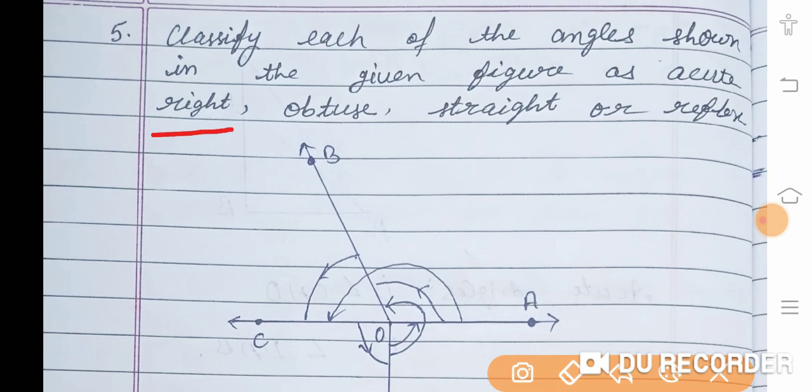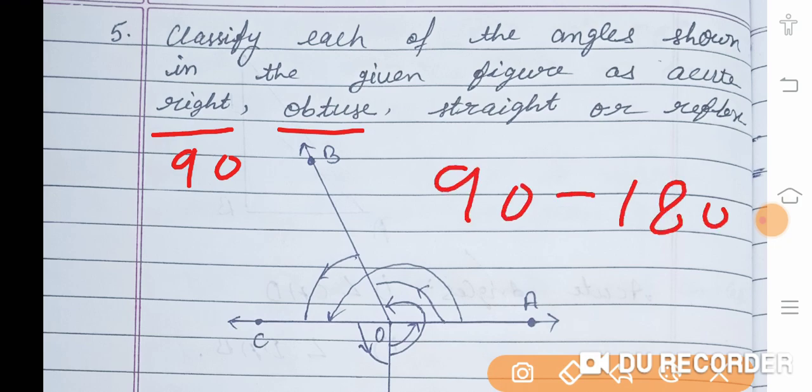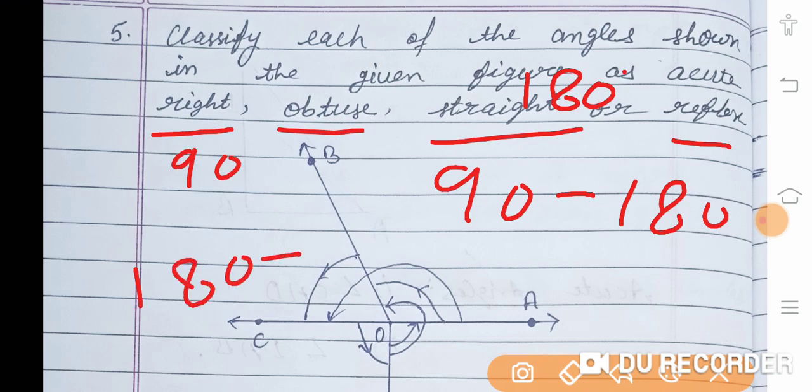Right angle means the angle of 90 degree. Obtuse angle means the angle which is more than 90 degree but less than 180 degree. Straight angle is 180 degree. And reflex angle is the angle which is more than 180 degree but less than 360 degree. Okay, so by keeping all these concepts in mind, you should try to solve the question.